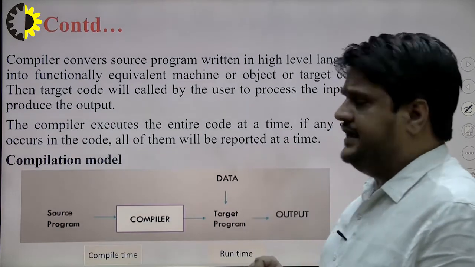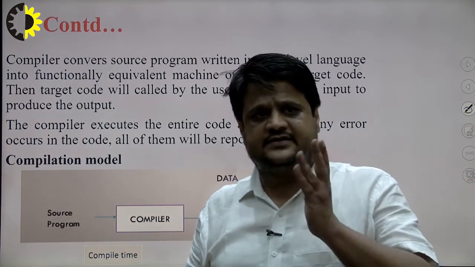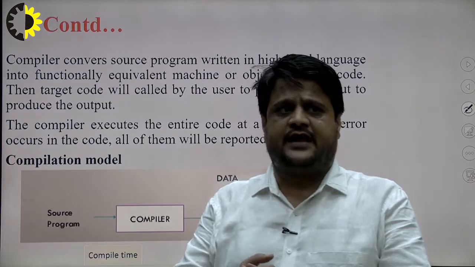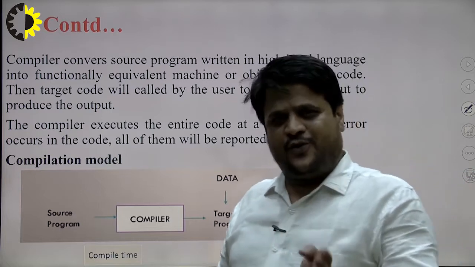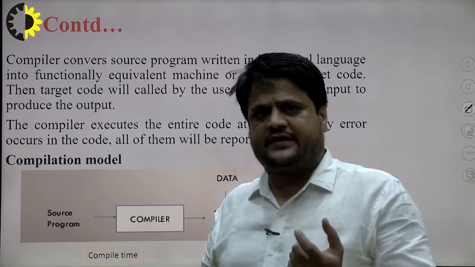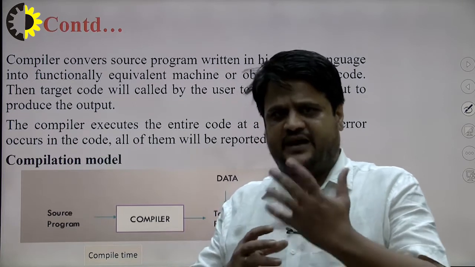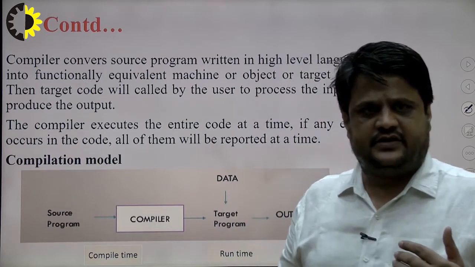Now, the compiler converts the source program written in a high level language into functionally equivalent machine code, or the object code, or the target code. All of these words are synonyms here. Machine code, object code and target code are the same nomenclature for the target program, right?